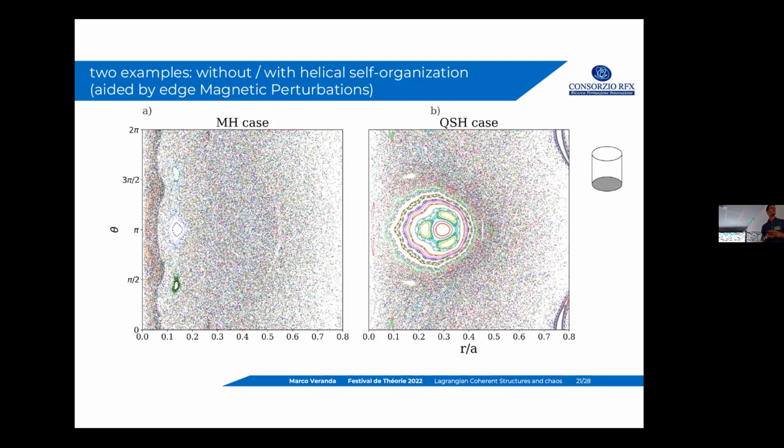It seems something like that, because the system tries to go to a laminar flow with very well conserved magnetic surfaces, but it fails at the values of the resistivity and viscosity that we have. But this may be a failed laminarization state. In any case, you see that there is a wide level of stochasticity that I want to analyze using Lagrangian coherent structures.